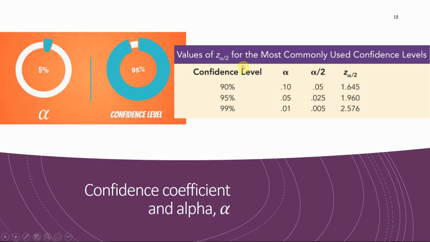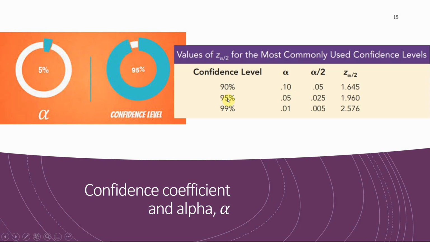And then the other thing that we're just going to have to know is alpha. What is the relationship between alpha and the confidence level? It's just 1 minus the confidence level. So if we're talking about 95%, 1 minus 0.95 is 0.05 or 5%. That's the relationship between alpha and confidence level. When we go to calculate our z-scores, we need to know alpha.